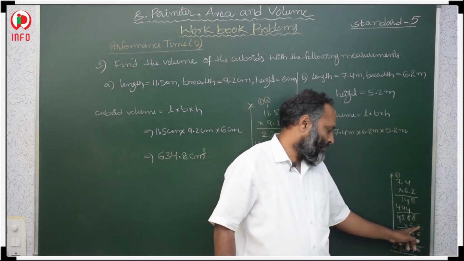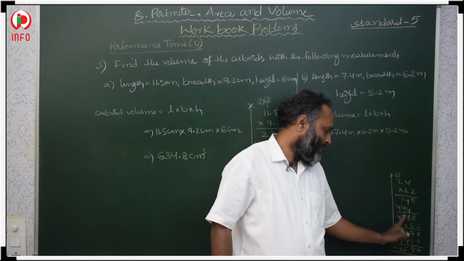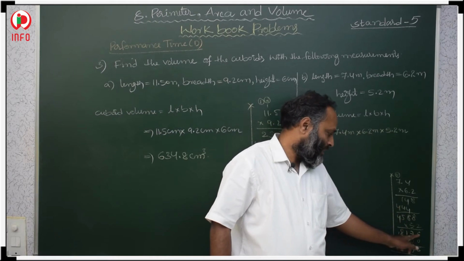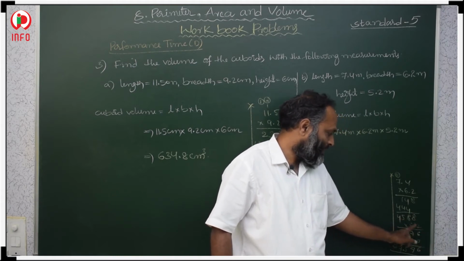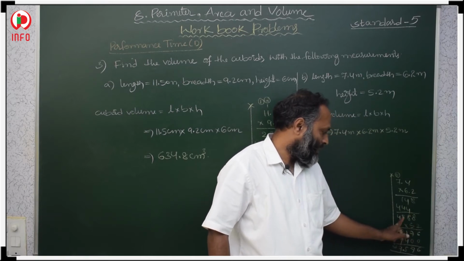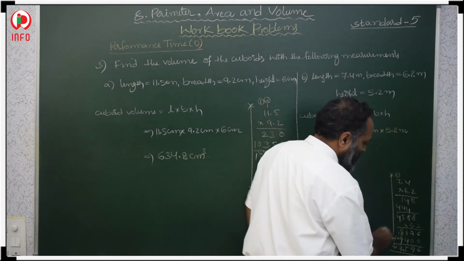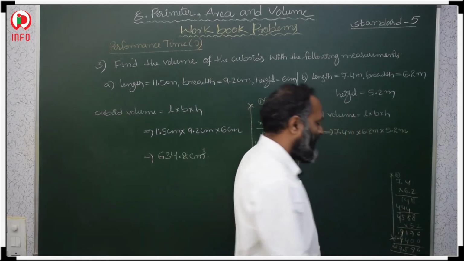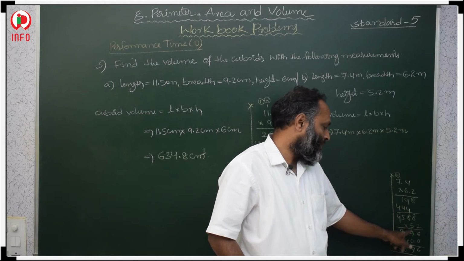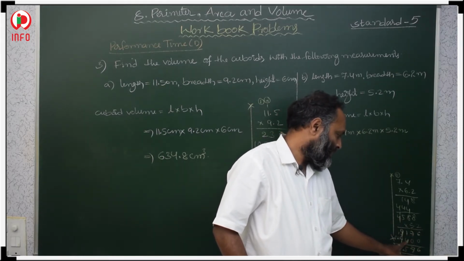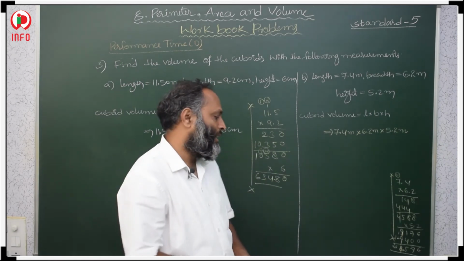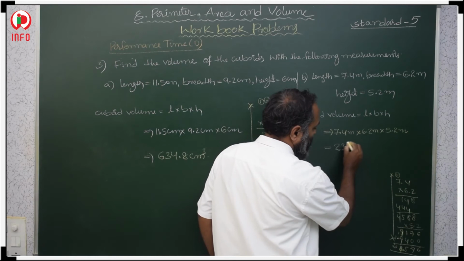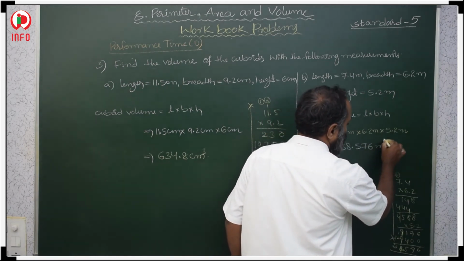Then with 5.2, 2 8s are 16, 2 5s are 10 plus 1 is 11, and so on. The correct answer is 238.576 meter cube, cubic units.